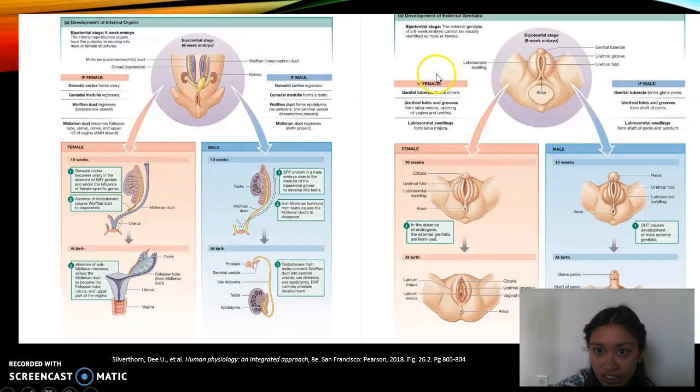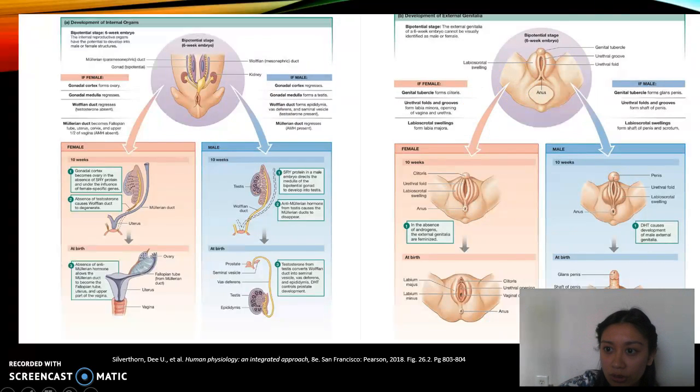As far as external genitalia, if they are female, the genital tubercle becomes the clitoris, the urethral folds and grooves will form the labia minora and the opening of the vagina and the urethra, and the labioscrotal swellings are what form the labia majora.